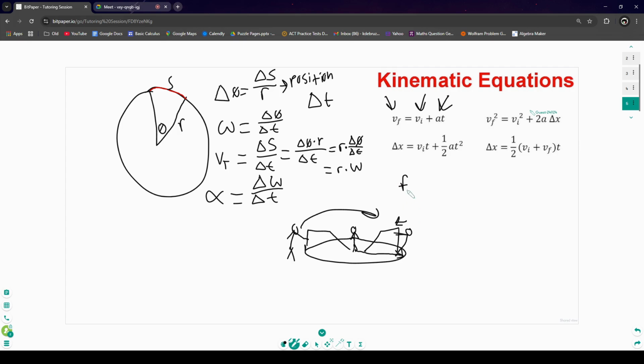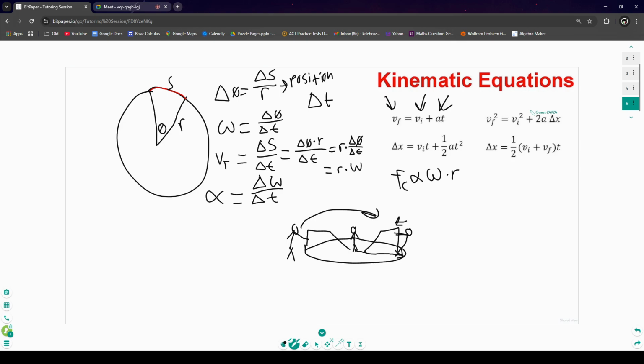I'm going to call this F, or FC because it's centripetal. I'm going to use this symbol as proportional. This just means we don't know exactly what it is, but we know that some component of this is how fast it's rotating and the radius that we're at. Does that make sense? Yeah.